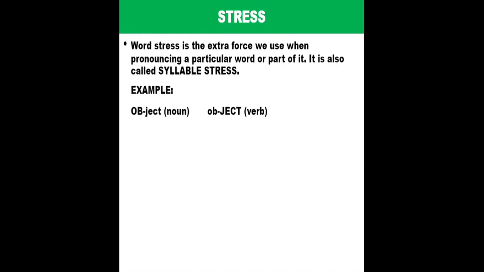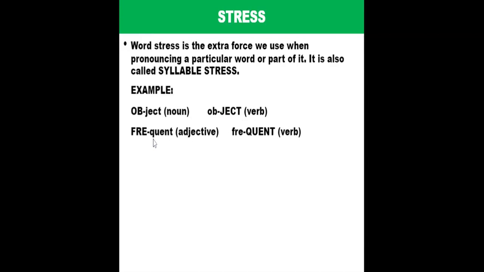For example, you have the word object, which is a noun. When stress is on the first syllable, object. But when the stress is on the second syllable, object, it becomes a verb. For a noun, the stress is on the first syllable. For a verb, stress is on the second syllable. Okay?